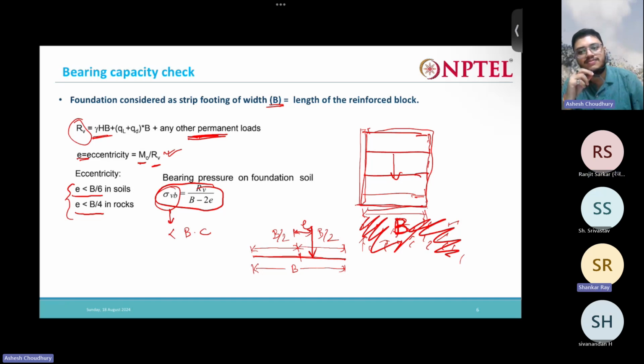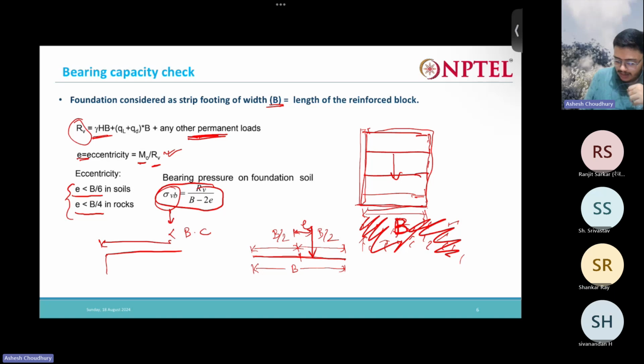Because of eccentricity. So what happens is that, if this is B, and if I plot the bearing pressure at the base, it will be something like this. Here it will have one value, here it will have another value. But what happens if the eccentricity is more than B by 6?